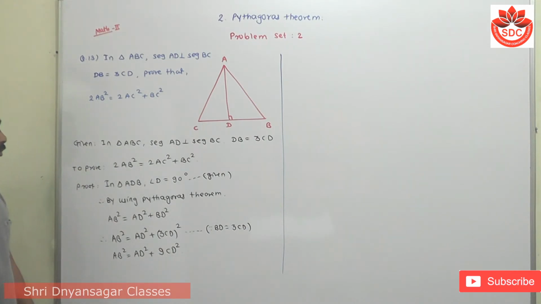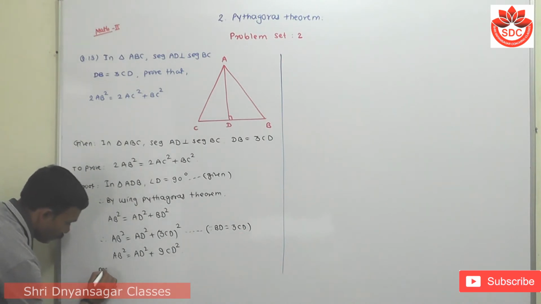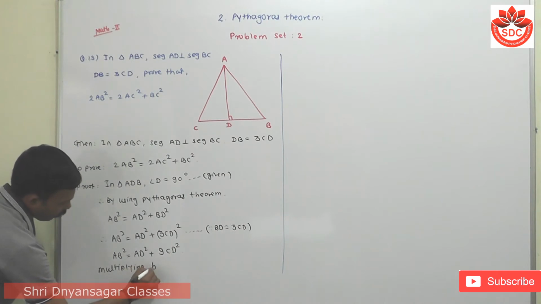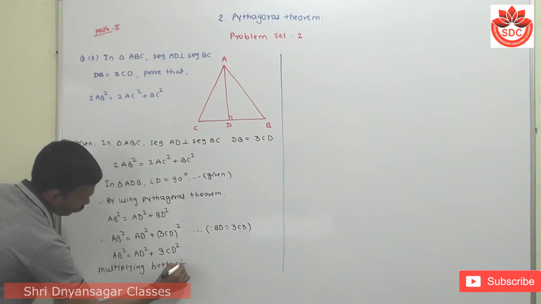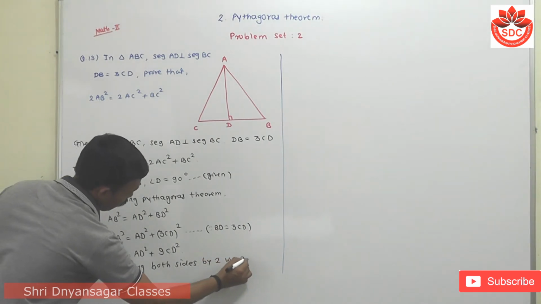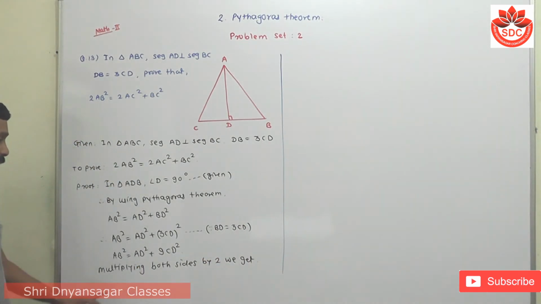Now student, when you observe here, in this to prove, the coefficient of AB square is 2. So I have to multiply both sides by 2. Can you understand why I have to multiply here?